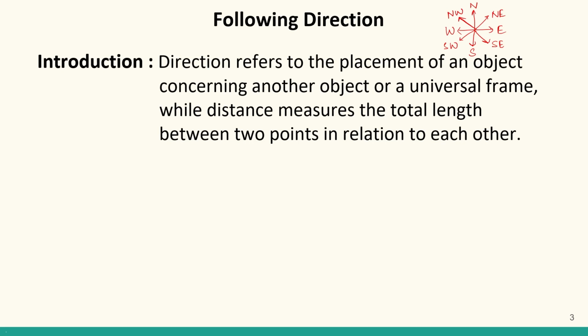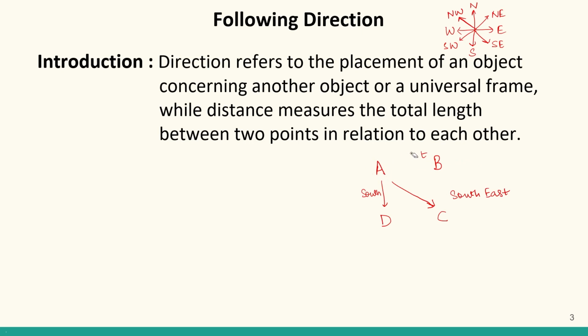Now let us say that there is a person named B, a person named C, a person named D, and a person named A. If I am taking the reference of A, from the point of view of A, B is to the east of A. Similarly, D is to the south of A. Similarly, C is to the southeast of A. This concept is clear with respect to A.